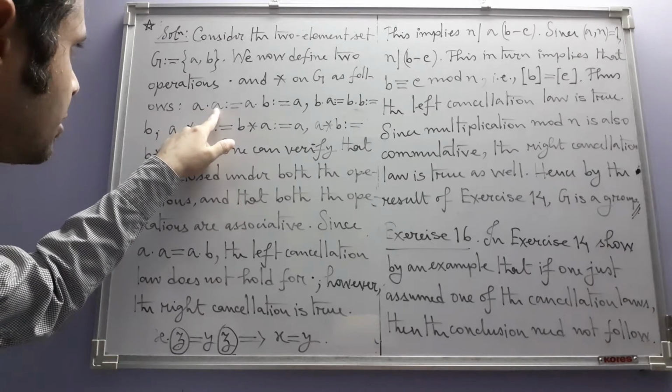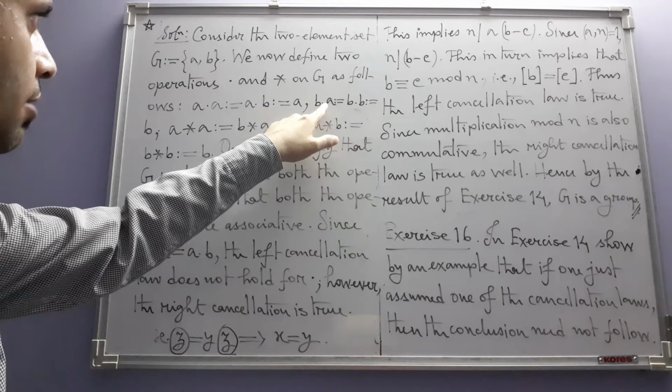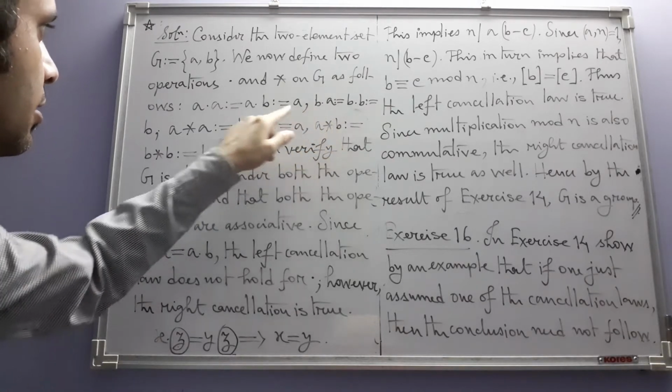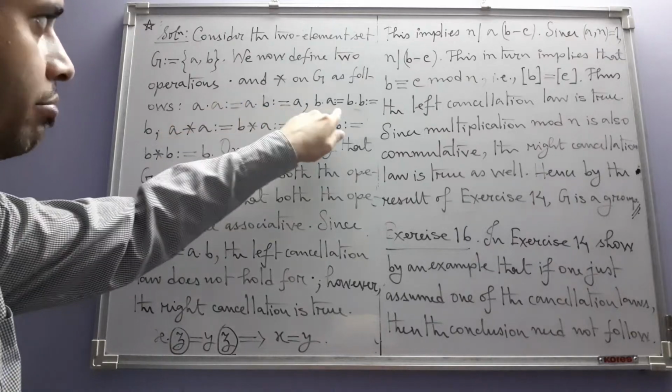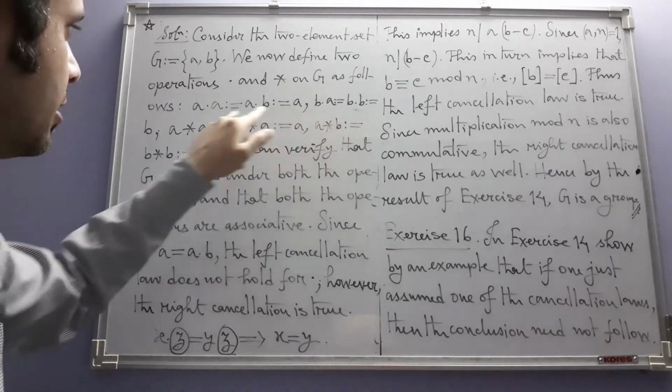Here the second factor is a, however the one where the second factor is a again is this one, but a dot a and b dot a are not equal. One of them is a and the other is b.